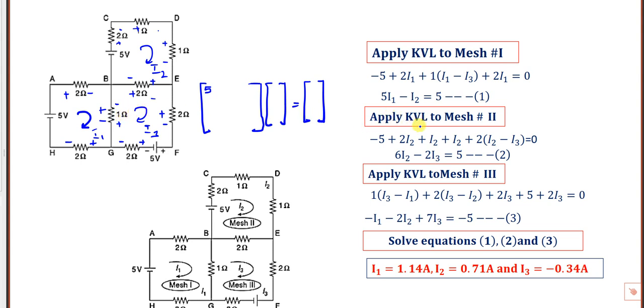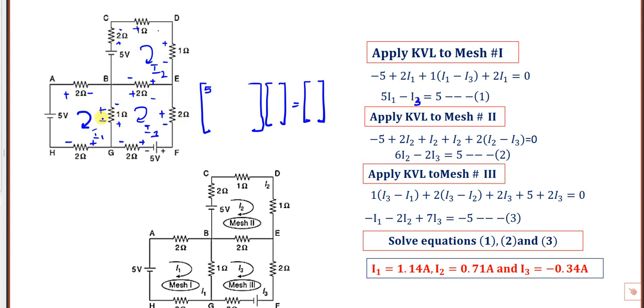I think in this they have considered mesh 2 as this, that's why they have written 2 I1, 1 into I1 minus I3. So this should be I3 actually. This is a typing mistake.